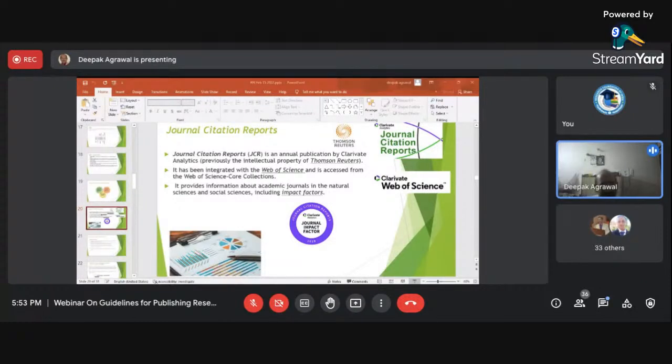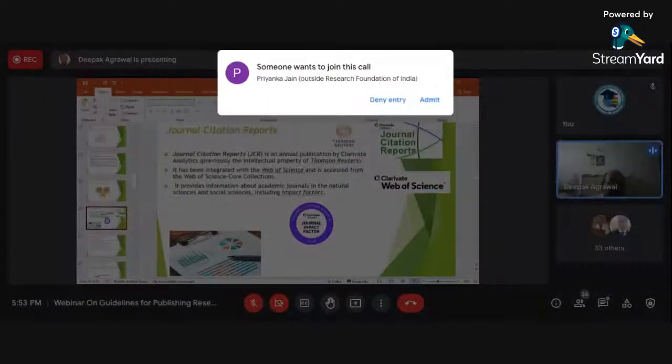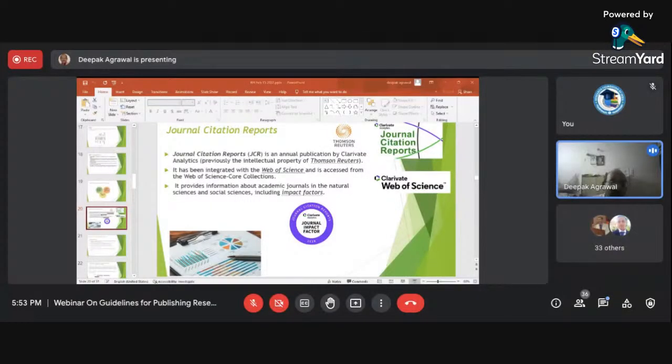So UGC expects us, yes, you should publish, but there are hardly 50 journals other than sciences, and it is a difficult task to get the work published. And the second important thing, most of the journals listed are foreign journals, and there is a huge difference in the cost of it.